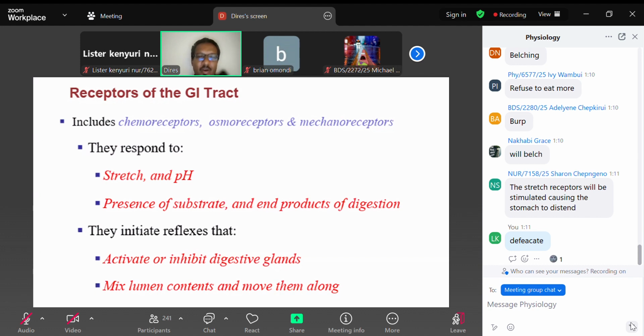Look, when the stomach distends, on the wall of the stomach there are stretch receptors. And in babies, the CNS is not mature. Central nervous system is not mature. CNS control is weak.